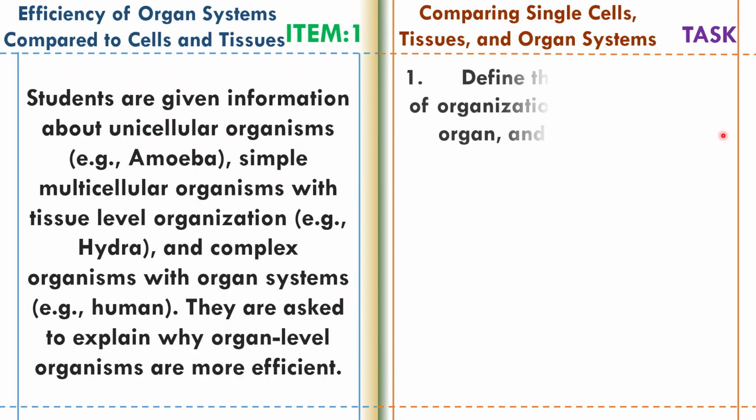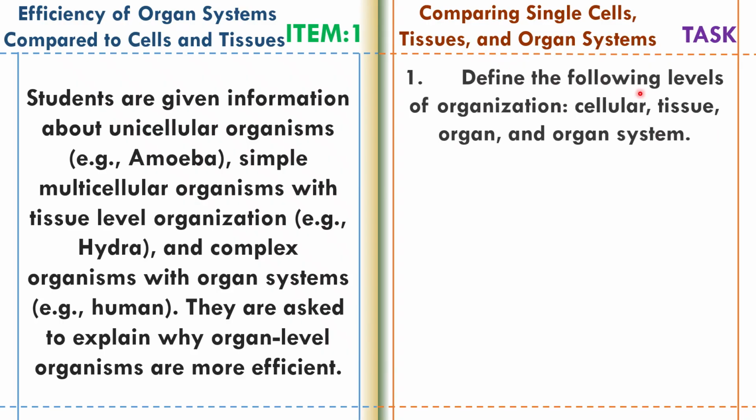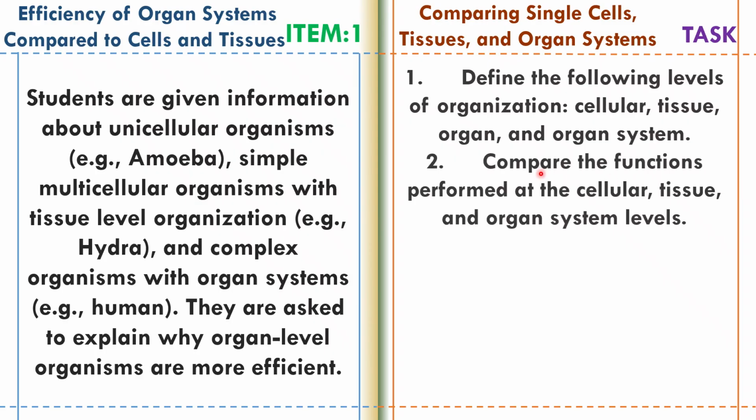Task: Define the following levels of organization: cellular, tissue, organ, and organ system. Compare the functions performed at the cellular, tissue, and organ system levels.